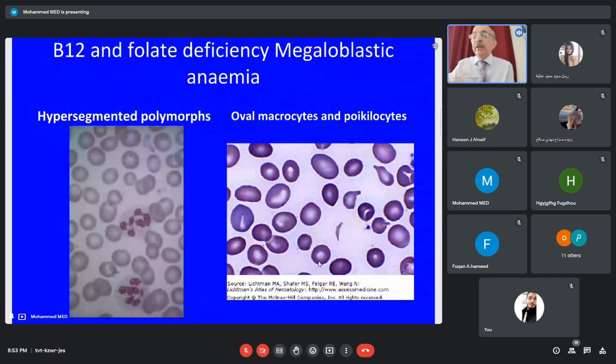Here in this slide, you see the oval macrocytes and poikilocytosis, and in the other slide on the left-hand side, you see hypersegmented polymorphs. You can see the hypersegmented in the center of the slide, and another one at the lower part of the slide. Yes. Next slide, please.